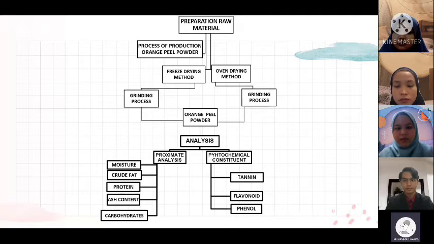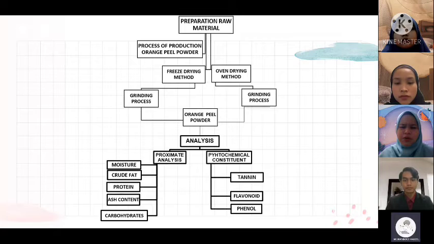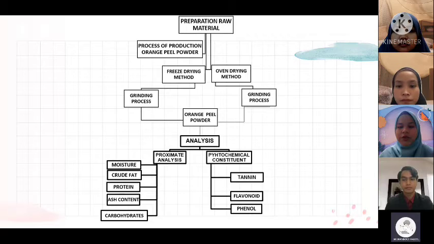After we get the finished product, we will make some analysis. The analyses that we chose are proximate and phytochemical constituents. In the proximate analysis, we will determine moisture content, crude fat, protein, ash, and also carbohydrates. To determine the moisture content, we use a moisture analyzer; crude fat, Soxhlet extraction; protein, the Kjeldahl method; ash, a formula; and lastly carbohydrate, also using a formula.